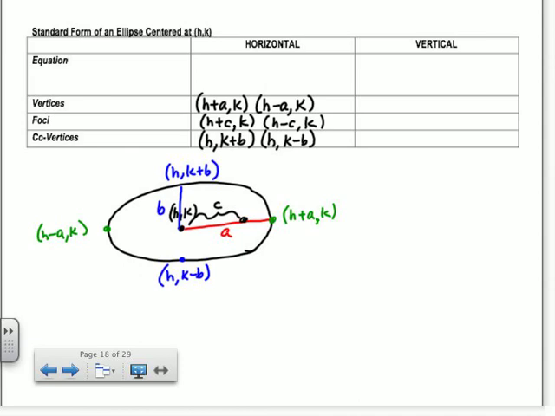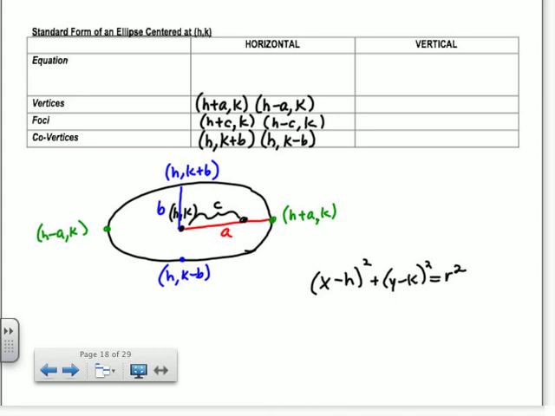Okay, now let's go back to circles. Do you guys remember circles? If I had a circle centered at h, k, it was x minus h squared plus y minus k squared equals r squared. So think about what your equation is going to be here. It's horizontal, so I know x goes first. I know my center is no longer 0, 0, so I'm going to have h and k in it. Underneath the x's is going to be a squared. Underneath the y's is going to be b squared.